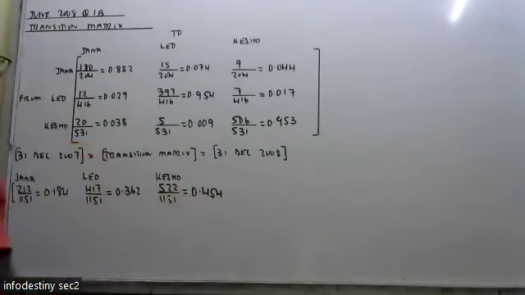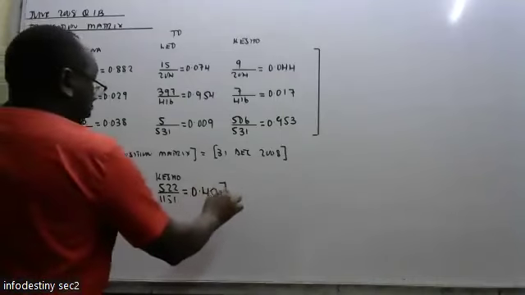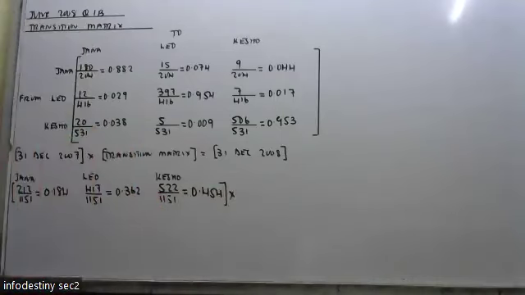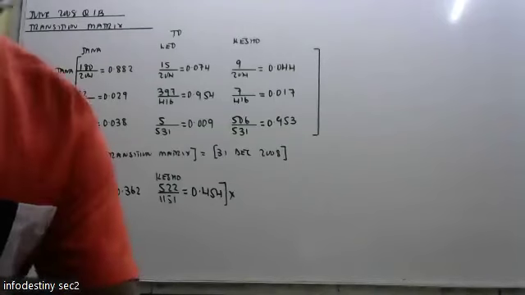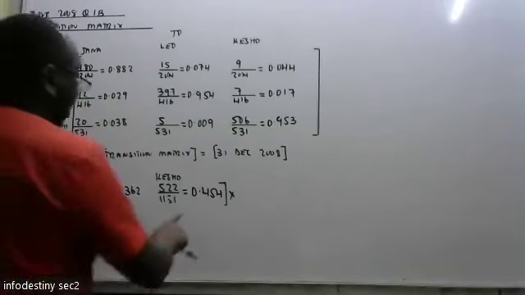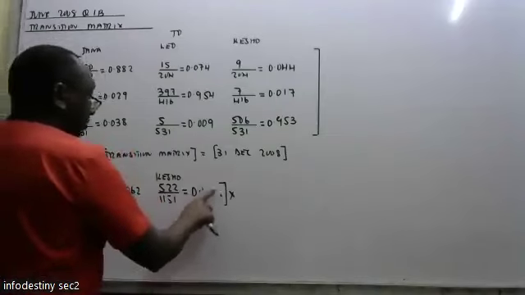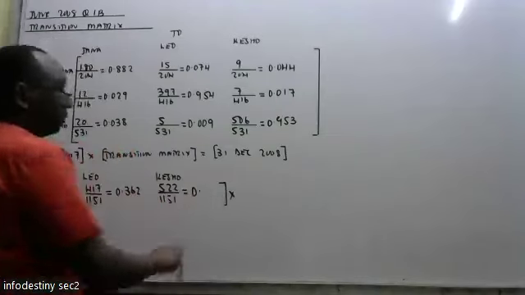And you must always check whether they are adding to 1. So 0.184 plus 0.362 plus 0.454. See, they are not adding to 1. Now, if they are not adding to 1, this one must be obtained like this.